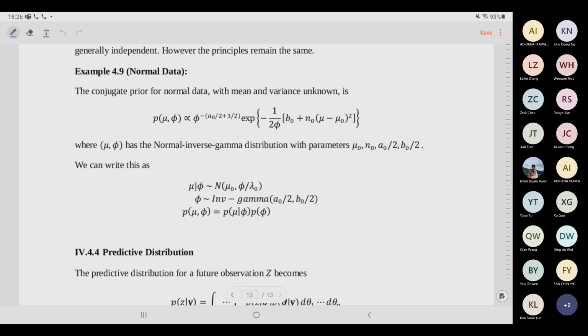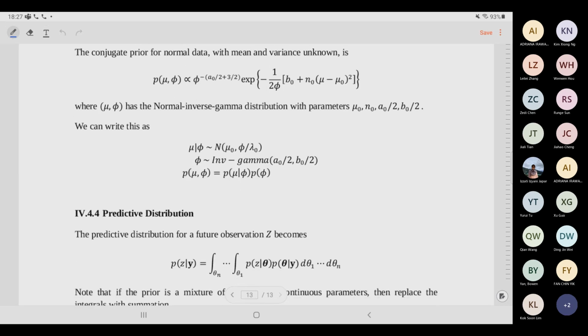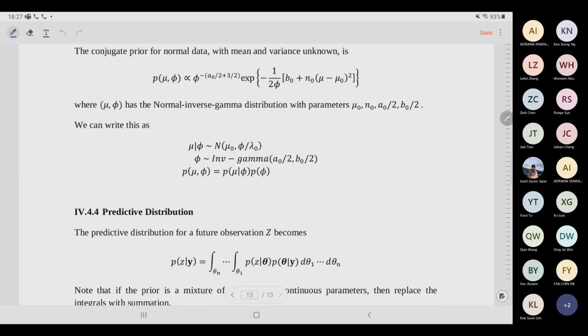This conjugate prior has the same form as your likelihood, which is the normal inverse gamma. We can write it as mu given phi is normal, and phi is inverse gamma. Then the joint prior of mu and phi is just the conditional prior of mu multiplied by the prior of phi.